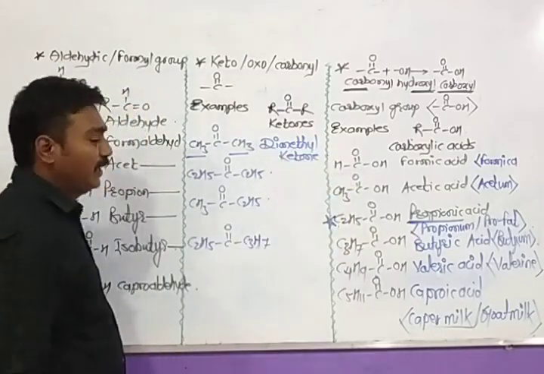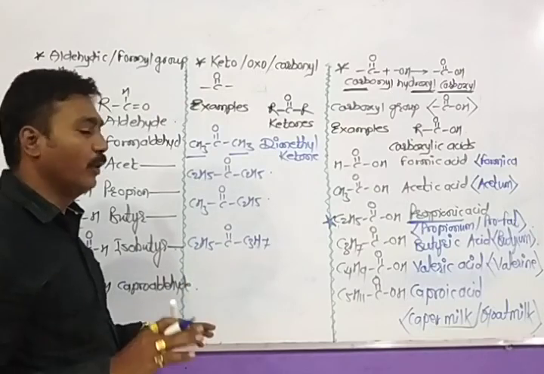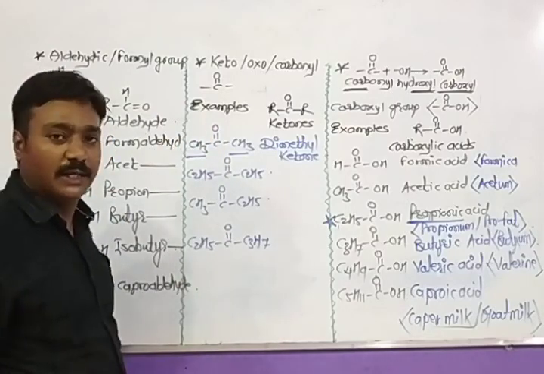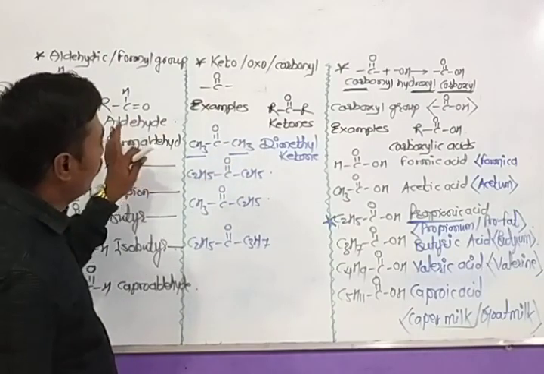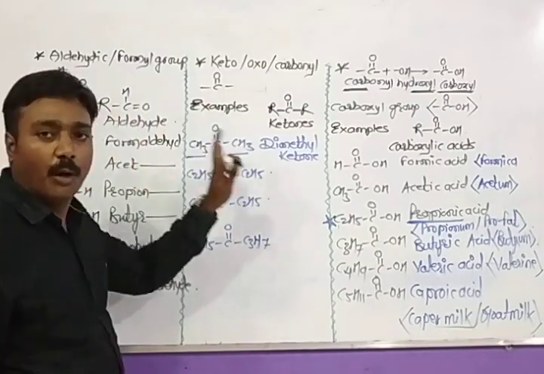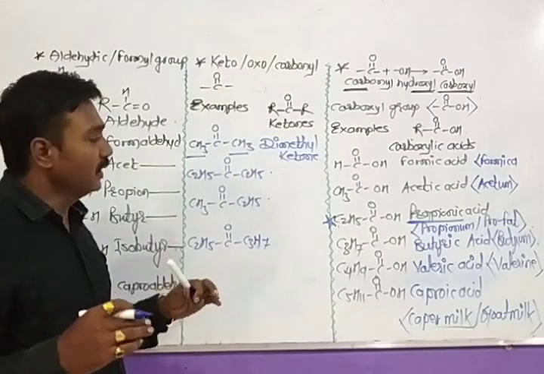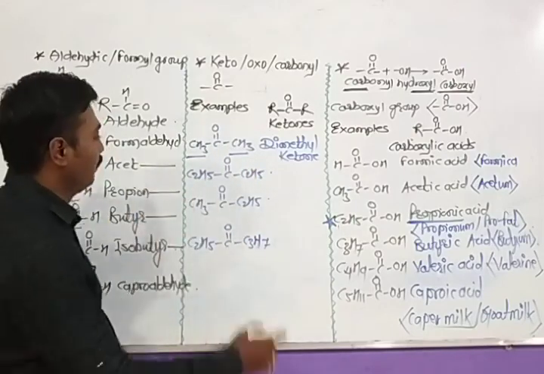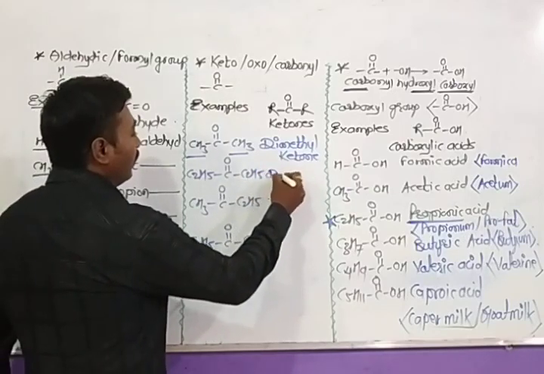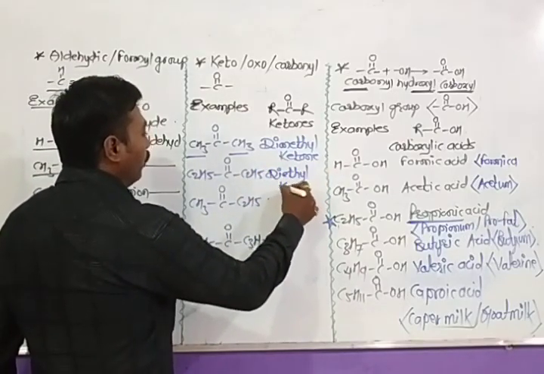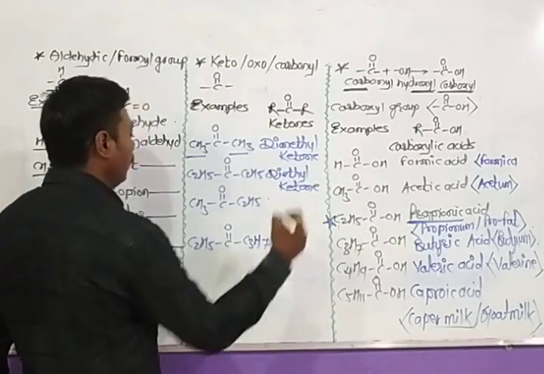All the IUPAC names of these compounds we are going to discuss in our further lecture. Here we are only discussing the common names and functional groups. The IUPAC name will be discussed later. Okay, this will be diethyl ketone because of the presence of two ethyl groups.